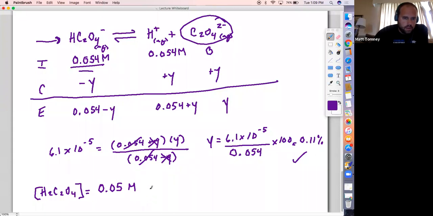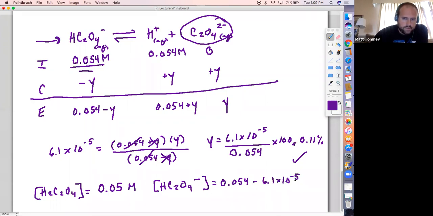Okay, now when we take a look at the monoprotic, it's the HC2O4 minus, and the concentration for that at equilibrium is going to be equal to 0.054 minus 6.1 times 10 to the minus fifth.